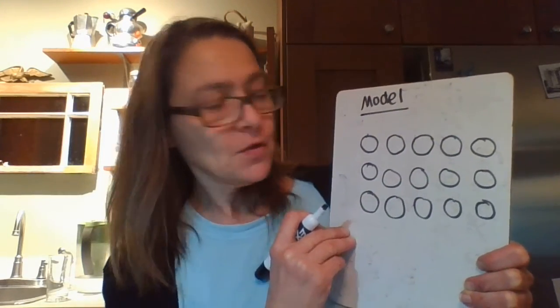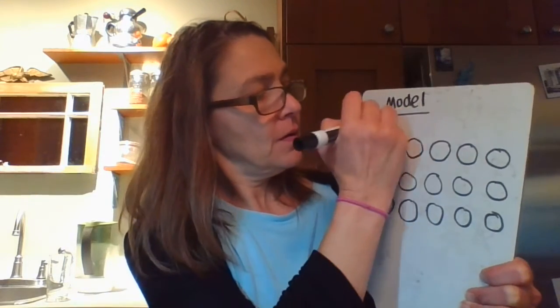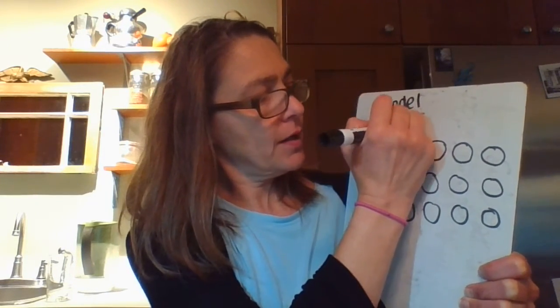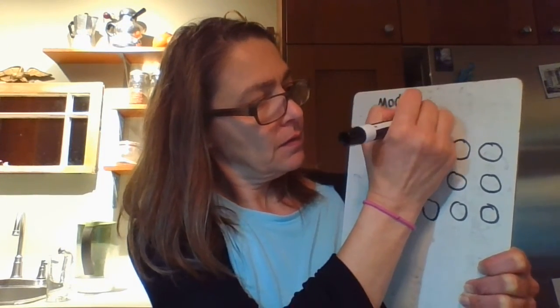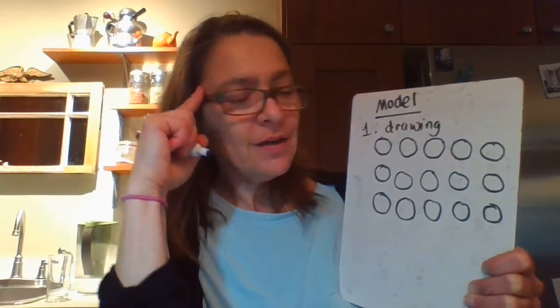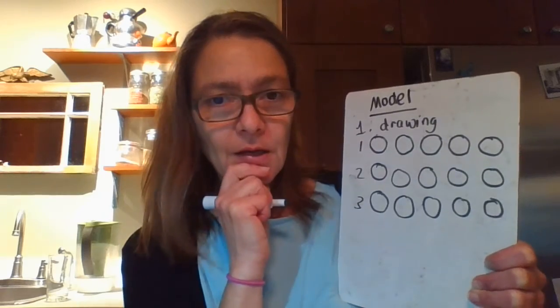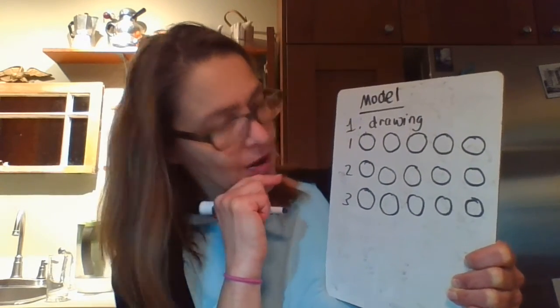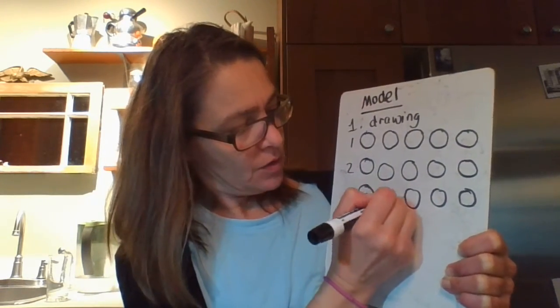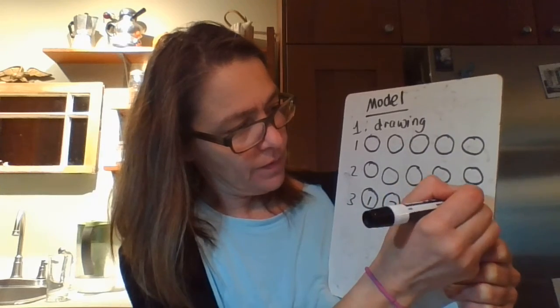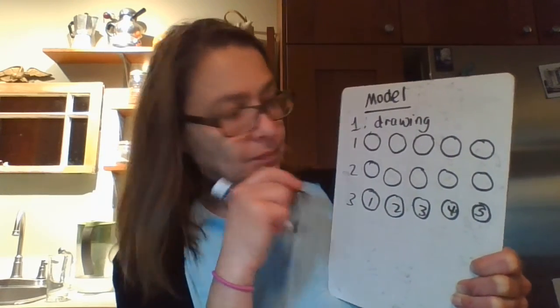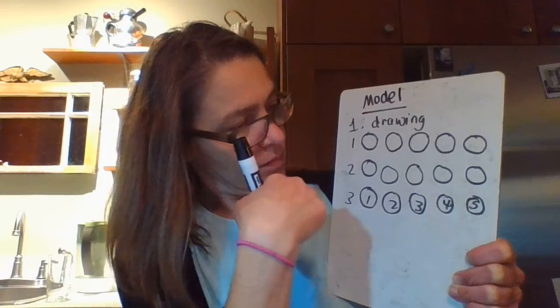Okay, so the first step was to make the drawing, and I did that. And I'm going to double check. I'm going to have 3 rows, 1, 2, 3, and I'm going to have 5 in each row. Ready? 1, 2, 3, 4, 5 in each row.